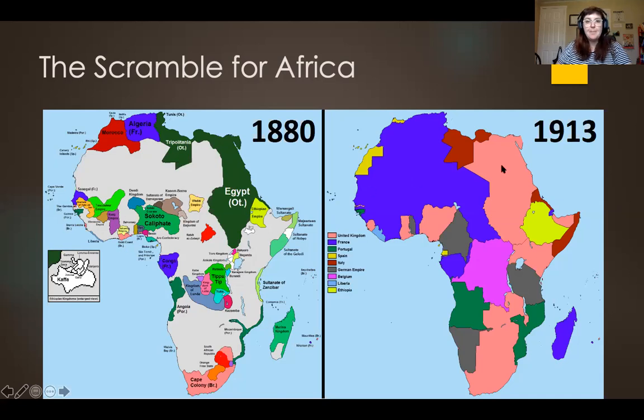And you can see by 1913, so really just within 30 years, these African empires have been dissolved and consolidated into these huge chunks of what was now European territory, including the United Kingdom, France, Portugal, Spain, Italy, the German Empire, as well as Belgium. Right? So that's what we're looking at here, this shift from the continent controlled mostly by the people who live there versus the continent controlled almost entirely by Europeans.